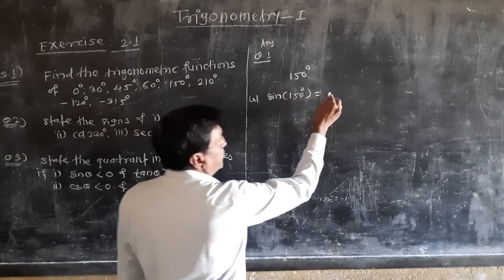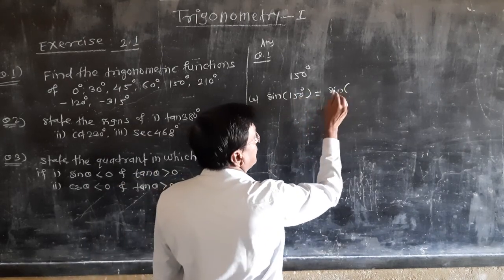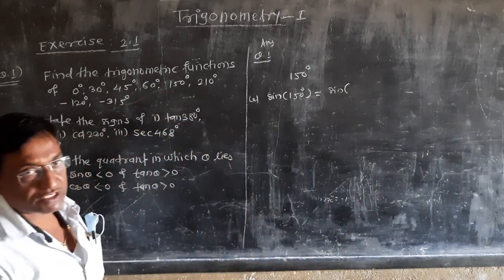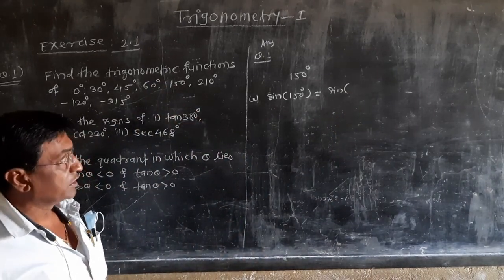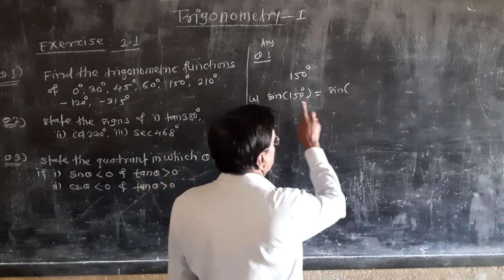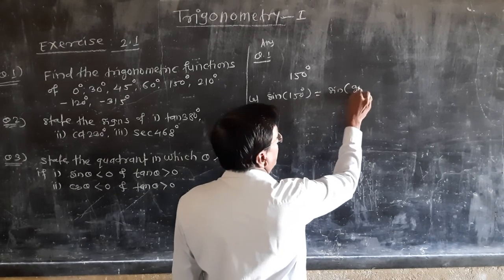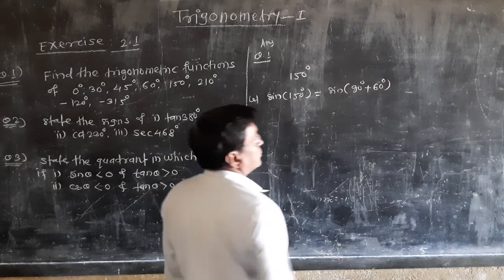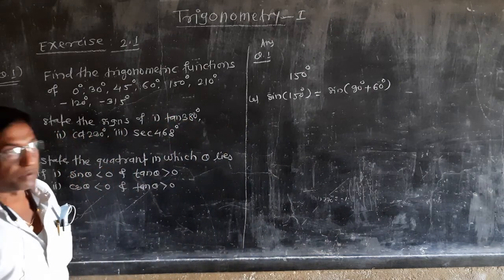That 150 degrees can be split so that the first measure is a quadrantal measure and the second measure is a standard measure, and by addition or subtraction we get this. I can use 90 degrees plus 60 degrees, and that total will be 150 degrees.